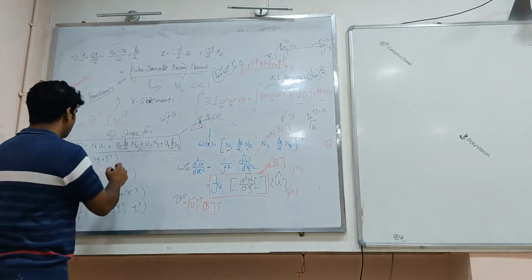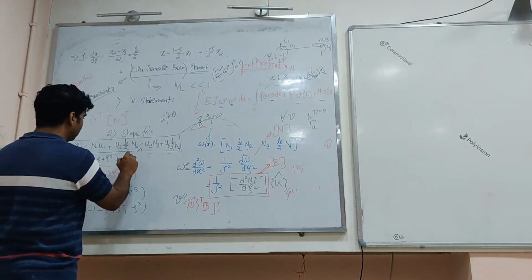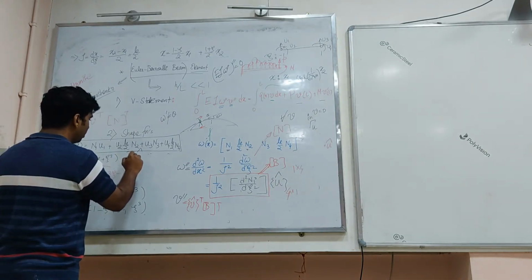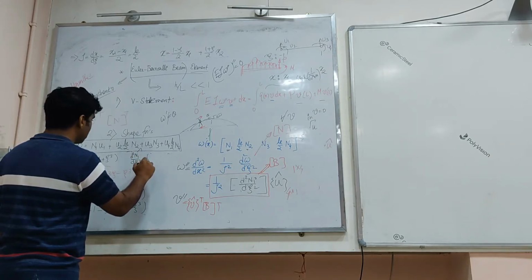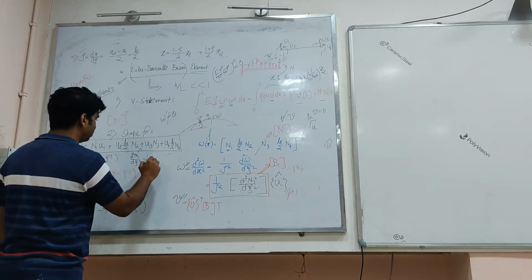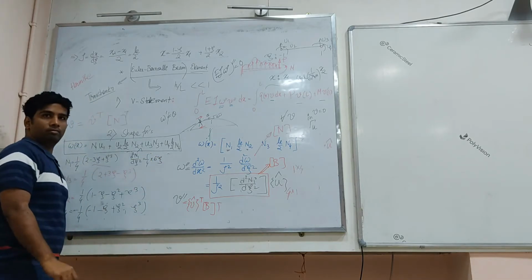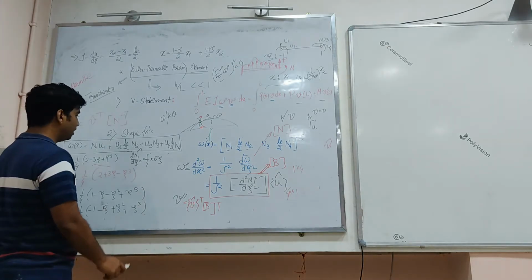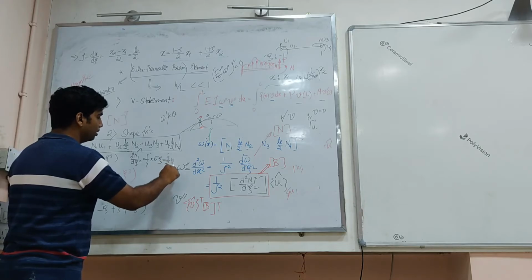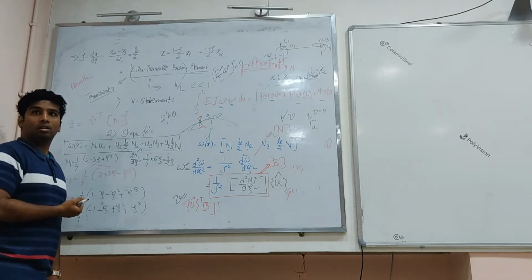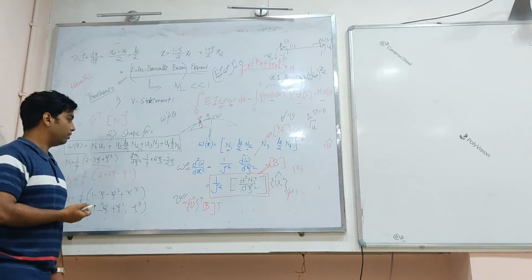If I take the double derivative d2 N1 d xi 2, it would be 1 by 4 times 6 xi. Isn't that correct? For N1.